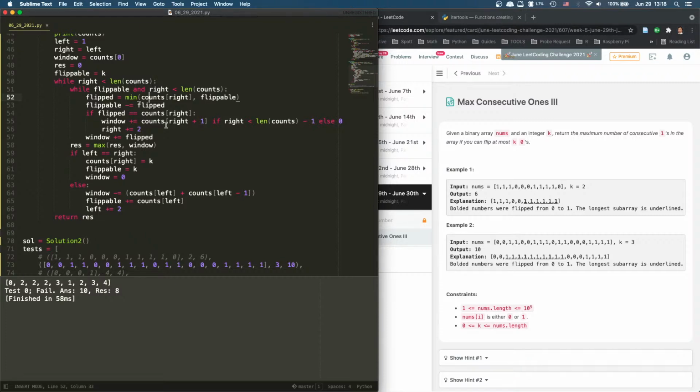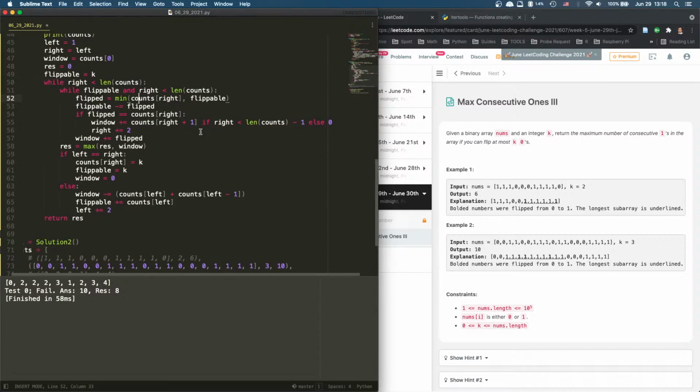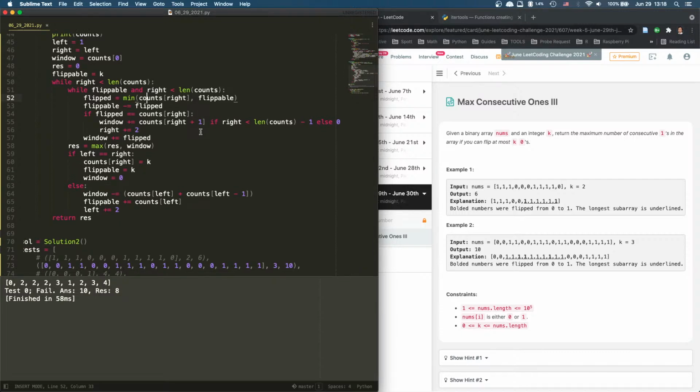We can also actually avoid the, that's fine. So right plus 1, if right is smaller than minus 1. Yeah. So window starts with 0, so window now is 2, right?